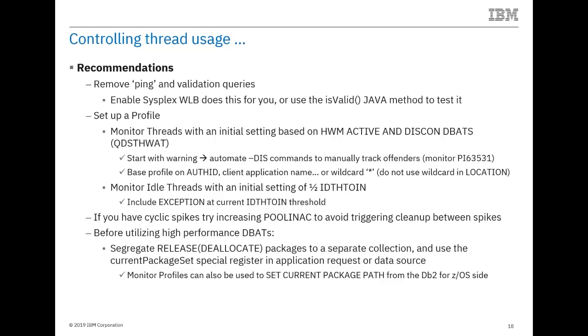Profiling is the only way to understand how many truly concurrent threads each application has in your system at any given point. So you start off with an initial setting and look at your high watermark, and the sum of all your profiles would probably need to equal that number if you're trying to monitor all of your threads. Start with a warning, and move on to exception once you're very comfortable and you know what the results are going to be.